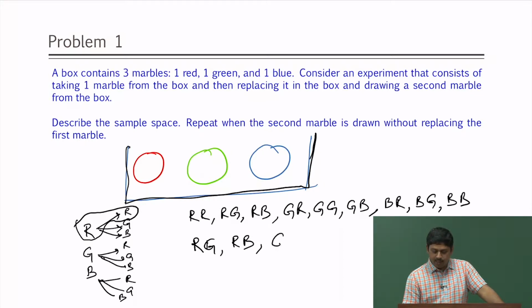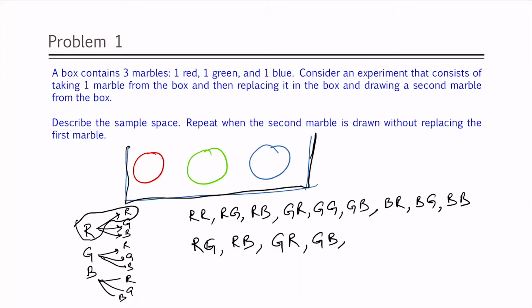If I had the green marble first, then I can take either the red marble or a blue marble next time. If I took the blue marble first, then second time I could have taken either a red marble or a green marble. So, you can see in the second case the number of points in the sample space is smaller, because it is done without replacement, whereas the first one is done with replacement.